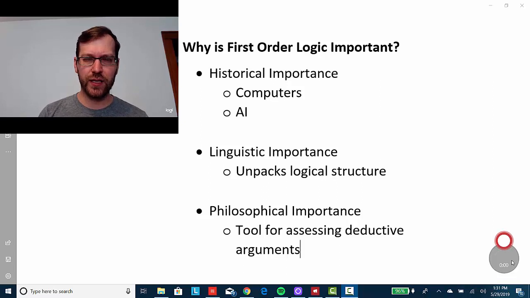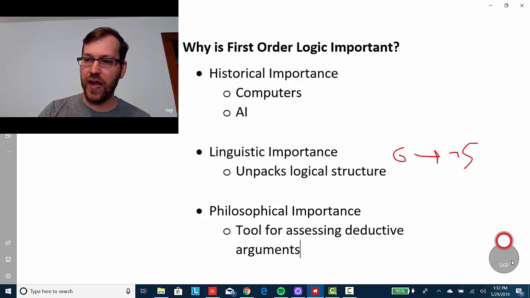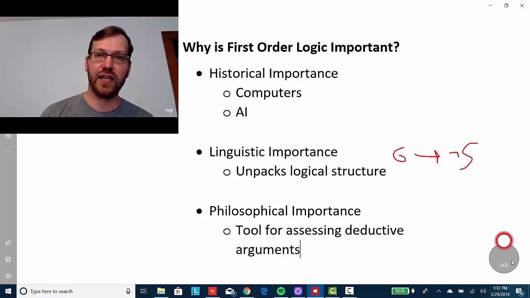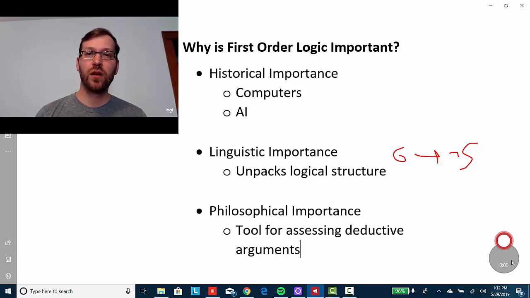So we might, for instance, represent the sentence, if the grass is green, then it's not snowing outside. And we could represent that like so. G, arrow, handlebar, S. If the grass is green, then it's not the case that it's snowing outside.